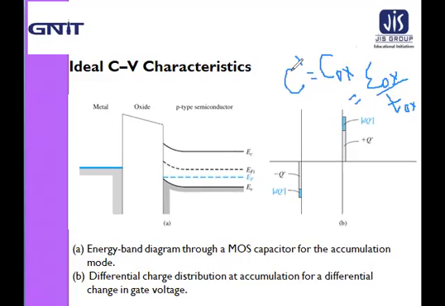That is the capacitance per unit area of the MOS capacitor for the accumulation mode. Hence, we can say that it is the oxide capacitance.